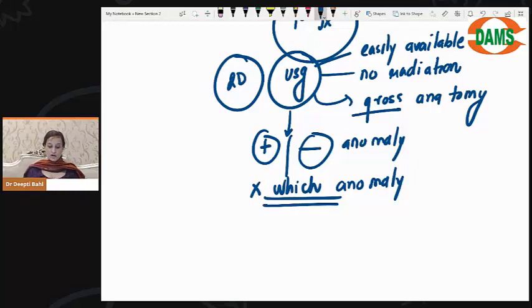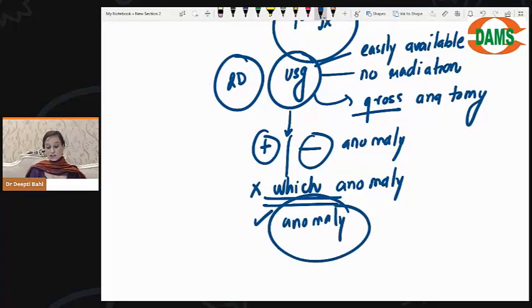Now, let us say she does have an anomaly, but now as a doctor, I'm interested in knowing which anomaly it is. Now, can you tell me what is the most important thing to look at if you want to comment on which anomaly it is? I told you, if you want to know which anomaly it is, what area do you want to look at?